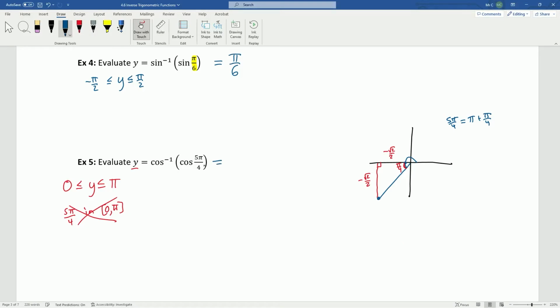So cosine inverse of cosine of 5 pi over 4 is equal to cosine inverse of negative root 2 over 2. So now we can think of this problem in our other way, as y equals cosine inverse of negative root 2 over 2, which implies cosine of y equals negative root 2 over 2 under the condition that y is between 0 and pi.